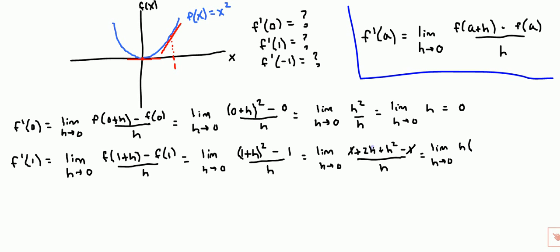I'm left with a 2, and I'm left with plus h. I took one of the h's away from h squared. Now these h's cancel, and you're looking at the limit as h approaches 0 of 2 plus h. Nothing happens with the 2, and that h just goes away because it's going to 0. So this limit ends up equaling 2.